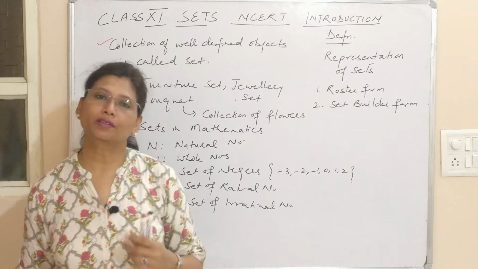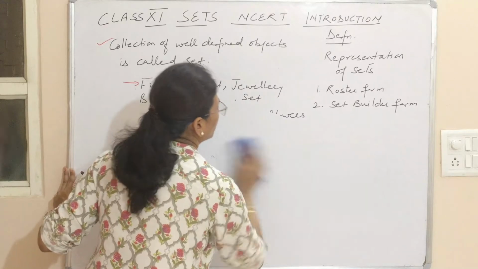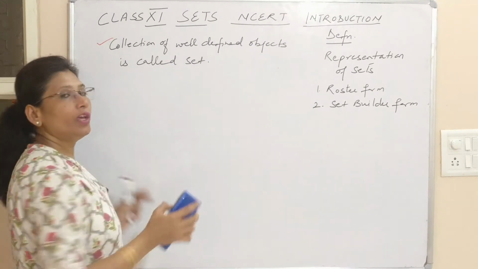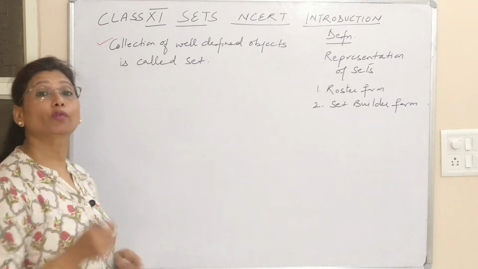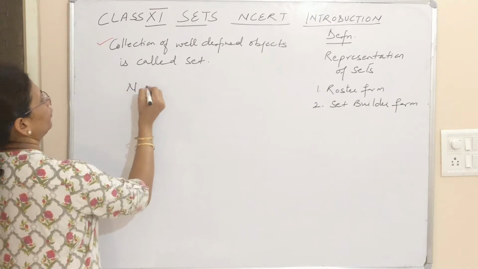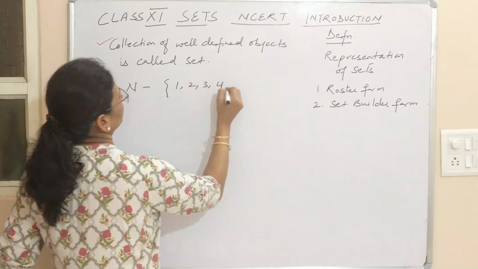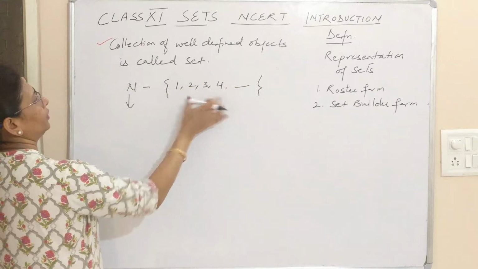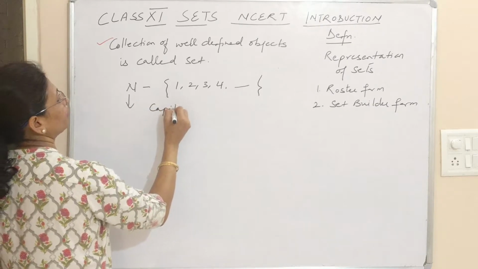Next comes, how do we represent a set? The second thing is the representation of a set. I'll take an example before I start. When we write the set of natural numbers, the set which defines a collection is always shown by a capital letter.